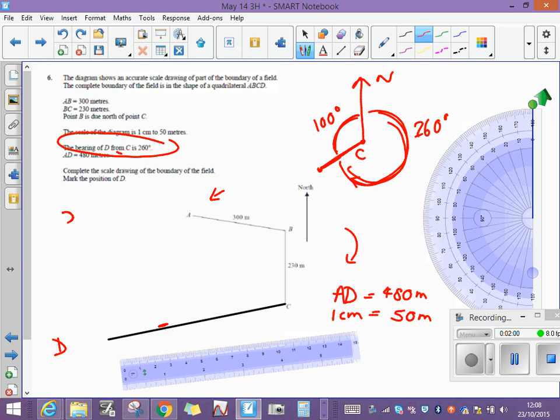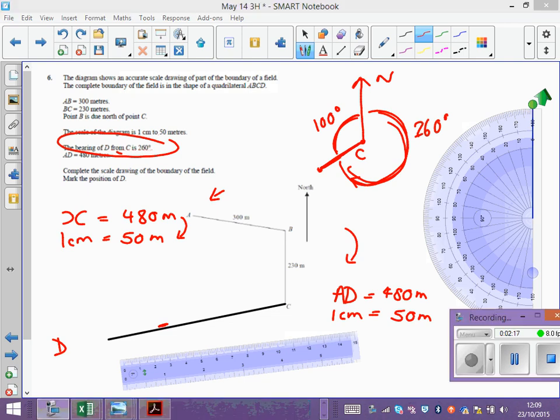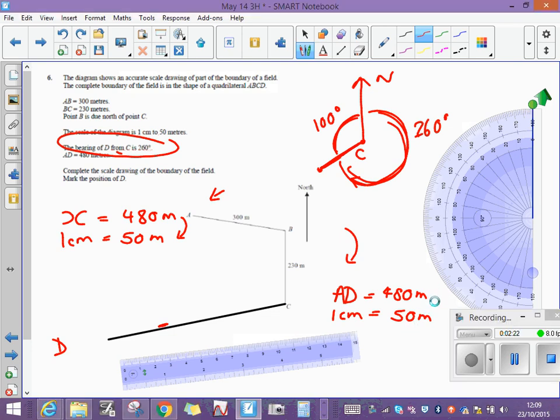So if we use our calculator, 480 divided by 50 comes out as 9.6. So to go from here to here, we multiply by 9.6, which means the length of AD is going to be 9.6 times 1 centimetre, which is obviously 9.6 centimetres.